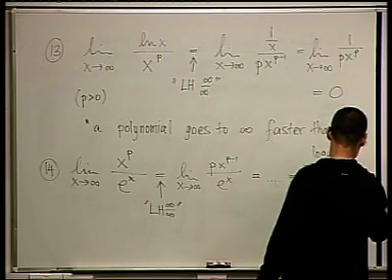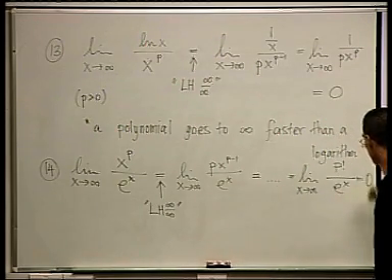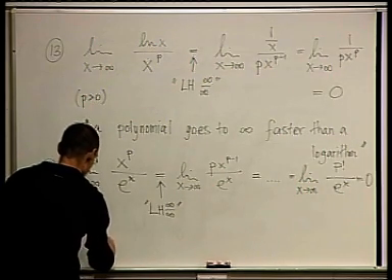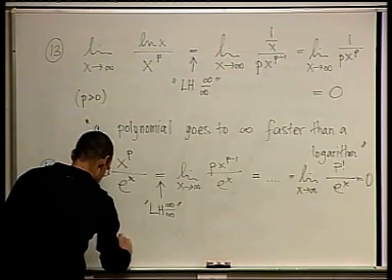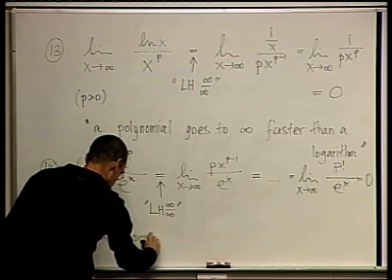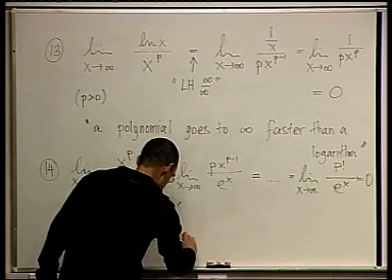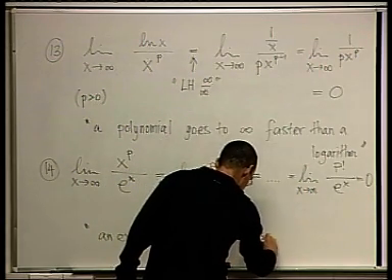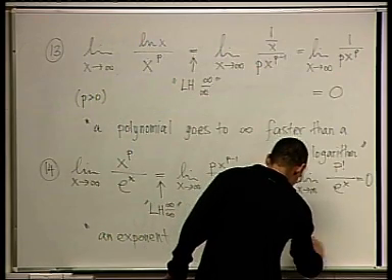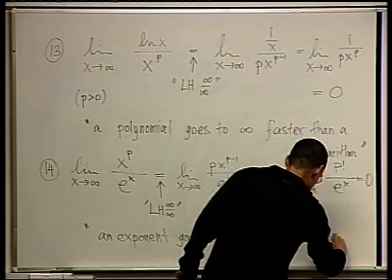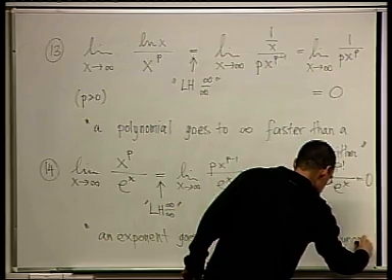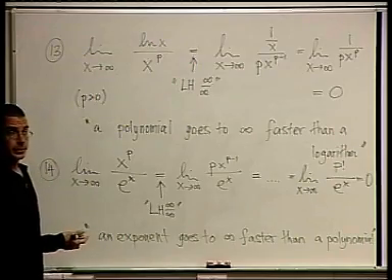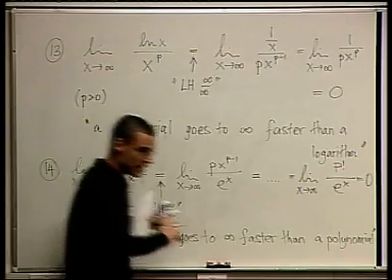And again, the limit is what? 0, meaning, okay, so the interpretation of this is an exponent goes to infinity faster than a polynomial. Is this clear?